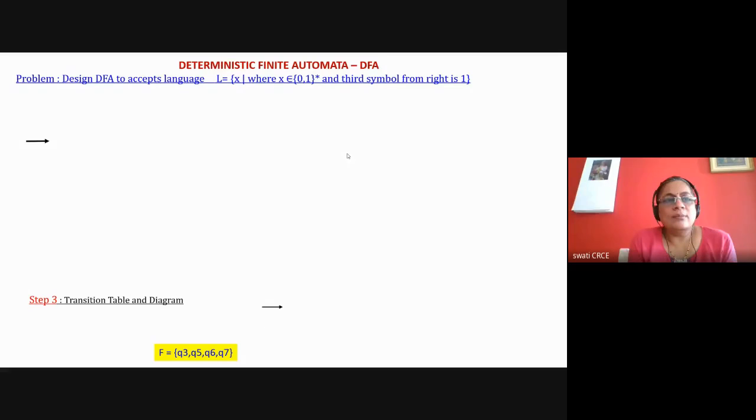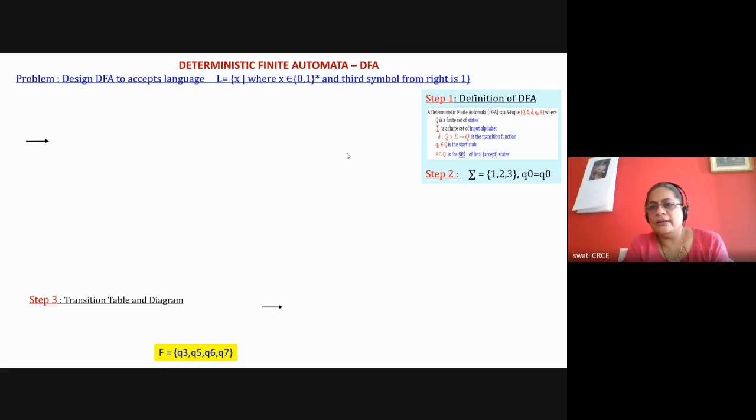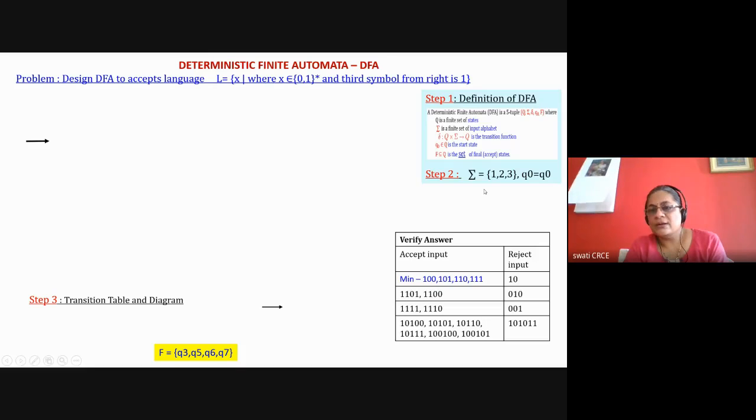Now my problem is saying that sigma is equal to 0, 1 and the third symbol from right is 1. Third symbol from right is 1. Okay, so write down the definition. Sigma is equal to, sorry, no, that is wrong.